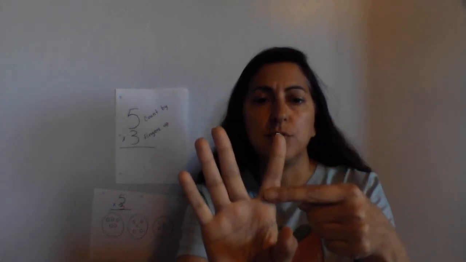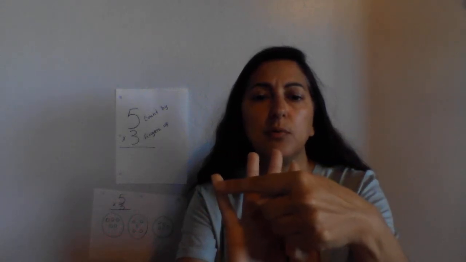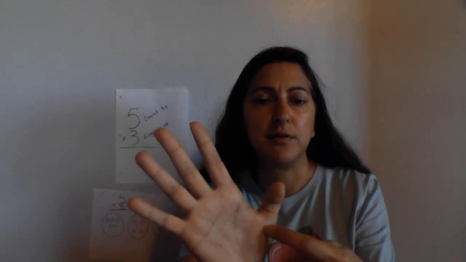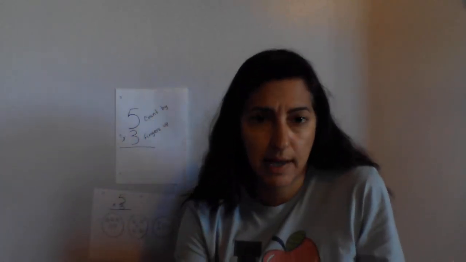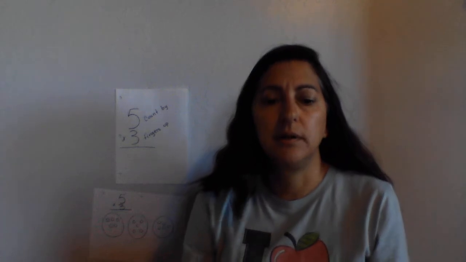So I have 1, 2, 3 segments on this finger, 1, 2, 3, 1, 2, 3, 1, 2. I usually just do 3 down here because this one's kind of tiny. So I can count on the 3 segments on my fingers to help me learn how to count by 3s. Eventually, you'll be able to go 3, 6, 9, 12, 15, and so on.